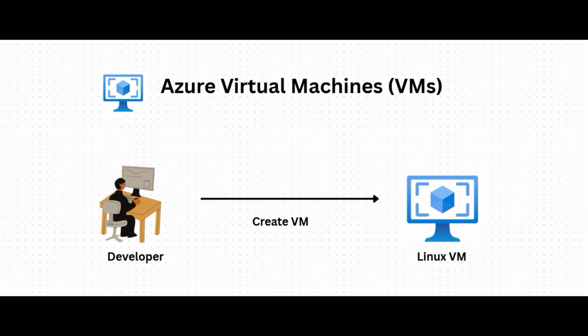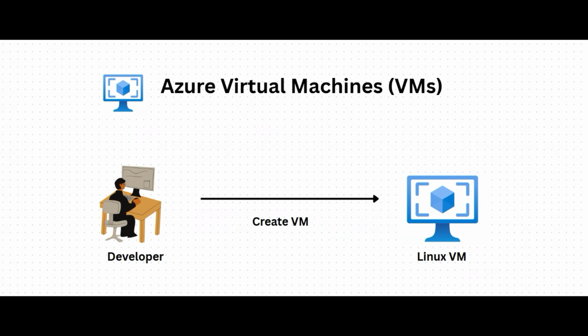Just imagine you have a laptop, but instead of being a physical device in front of you, it's running somewhere on a Microsoft Azure server. So you will get full control over the operating system, software, and environment, just like your physical desktop or laptop. Let's try to understand with a simple example.